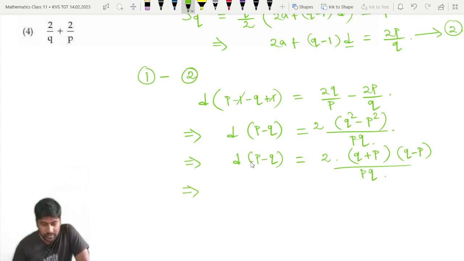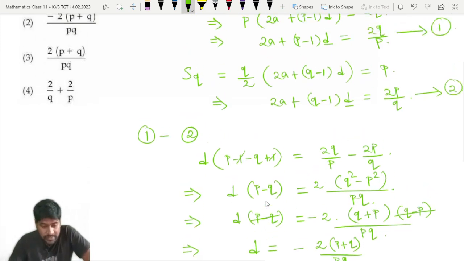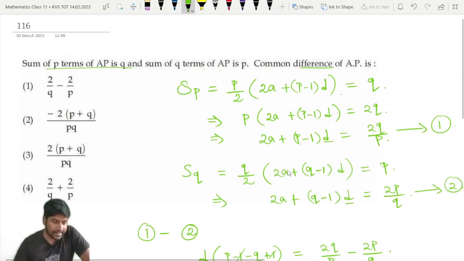So P minus Q and Q minus P will be cancelled, but one minus sign will come here. So D is equal to minus 2 into P plus Q divided by PQ. That is the common difference. Option 2 is the correct answer.